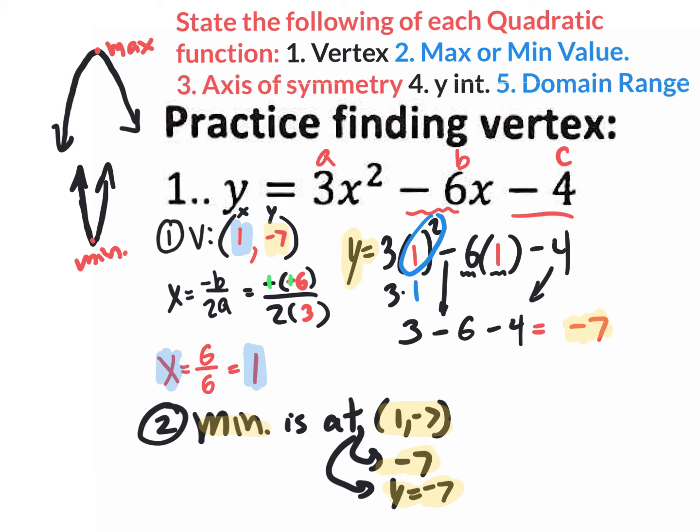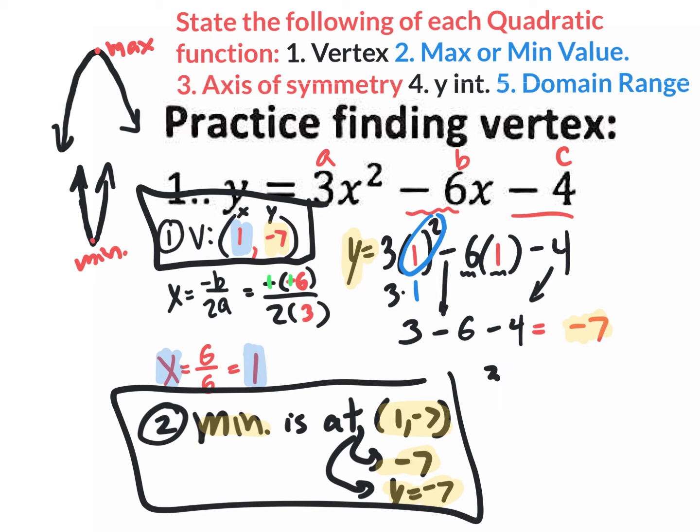The next one that they want you to answer is axis of symmetry. Okay, so let me box in what we have so far. We have the vertex, we have the minimum value. Number 3, they want the axis of symmetry. And now that's really easy because you already know the vertex. And if you know the vertex x value, you know your axis of symmetry equation.